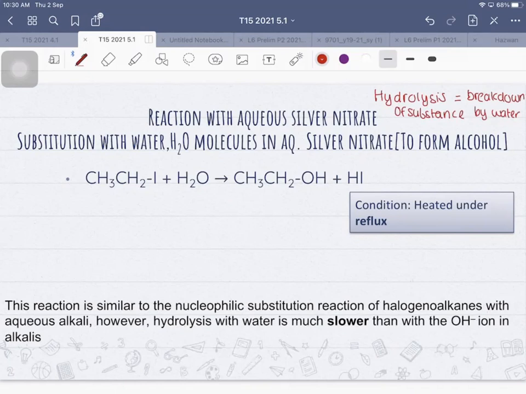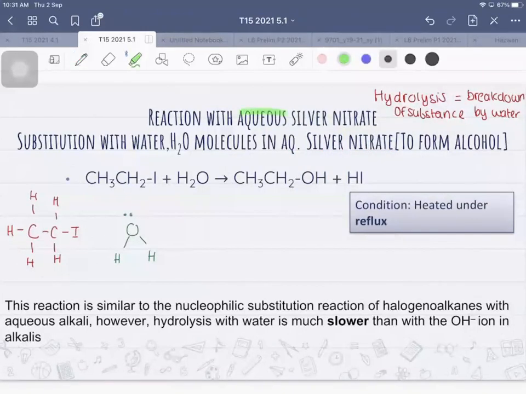The condition for this reaction is quite standard: you heat it under reflux. I'll just draw out what happens. If we take an iodoethane and react it with water, H2O, the water comes from the aqueous part of silver nitrate.